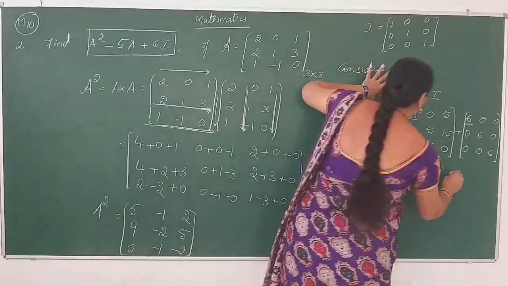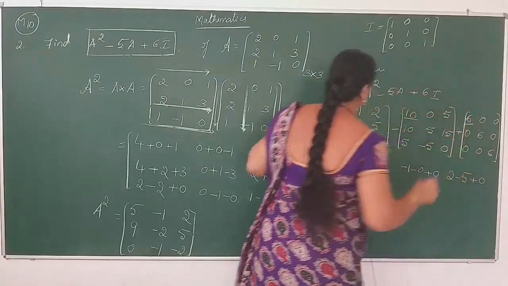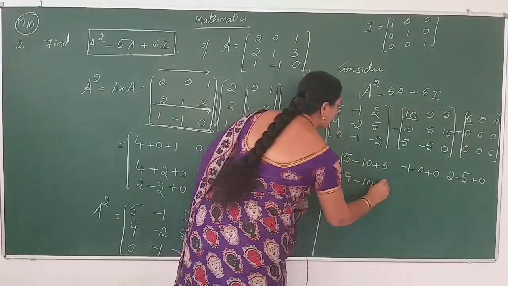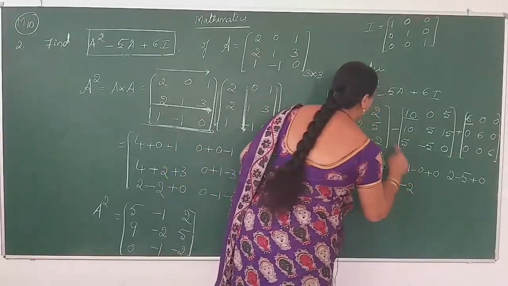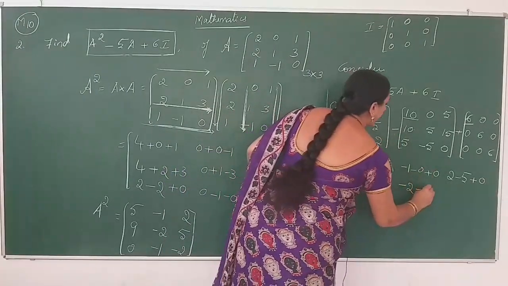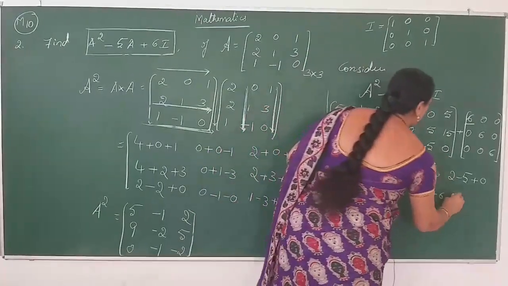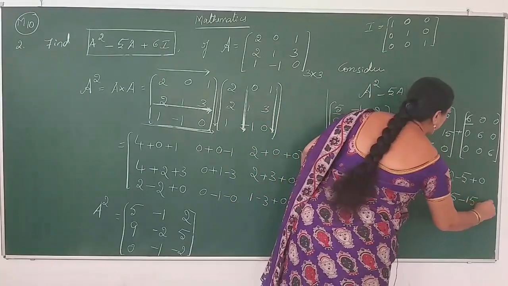Third one: 2, minus 5, plus 0. Similarly, for the second row: 9, minus 10, plus 0. Second element is minus 2, minus 5, plus 6. Third element is 5, minus 15, plus 0.